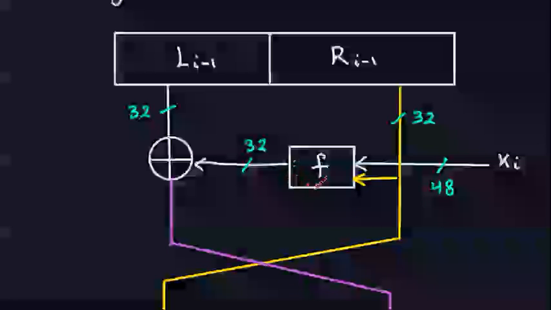One of the things that is important here, if you remember from the last video, is that the F function has two inputs. One of the inputs is the right hand side of the previous block, which goes into the F function, and also the subkey coming from the key schedule, Ki, which is 48 bits, and the right hand side is going to be 32 bits.